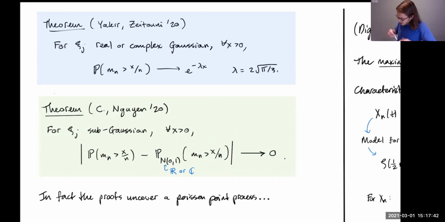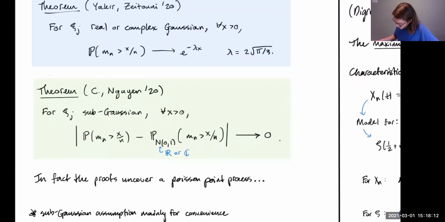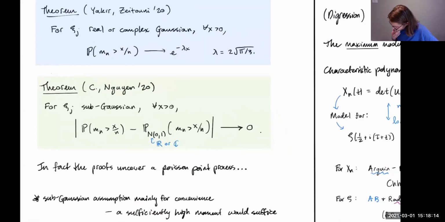So it's a signed process, and the distribution of the closest point of a Poisson point process of intensity root pi/3 is exponential with rate 2 root pi/3, because you can land on either side. We'll see that in the proofs. We don't state it as a separate theorem.